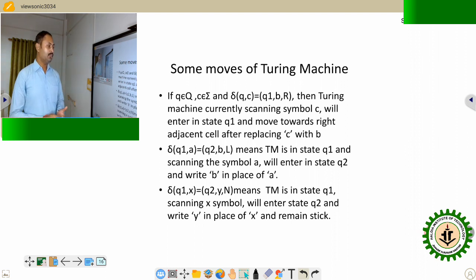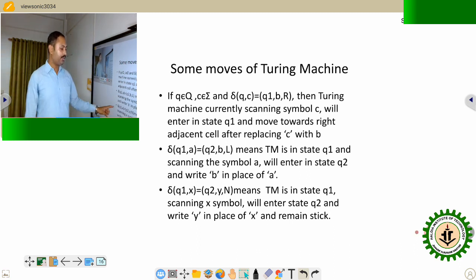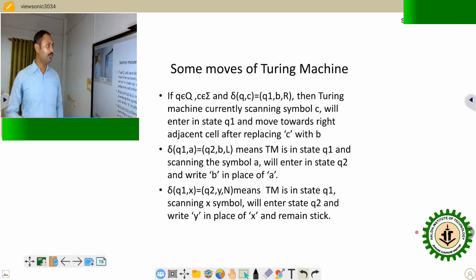After performing the write operation, it can move left or right, or it can perform nothing, means the read-write head remains neutral in nature. So these are the special movements which are performed by the Turing machine.